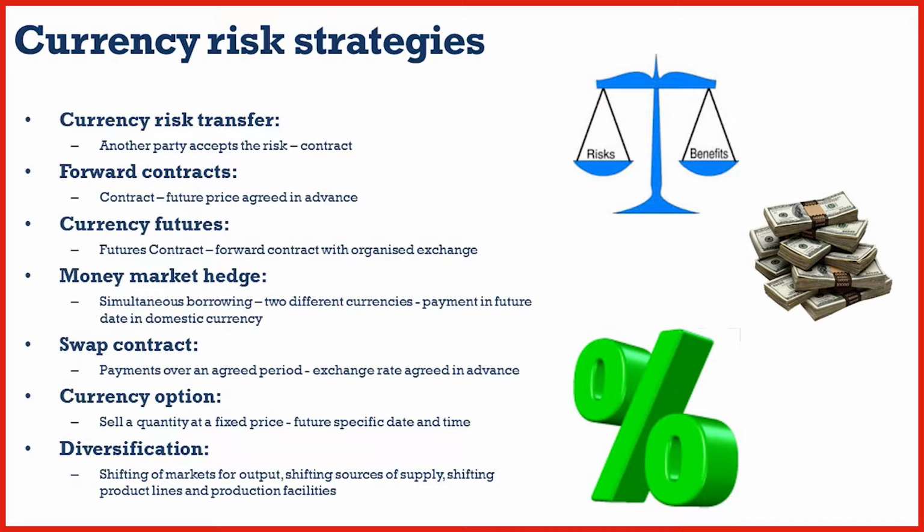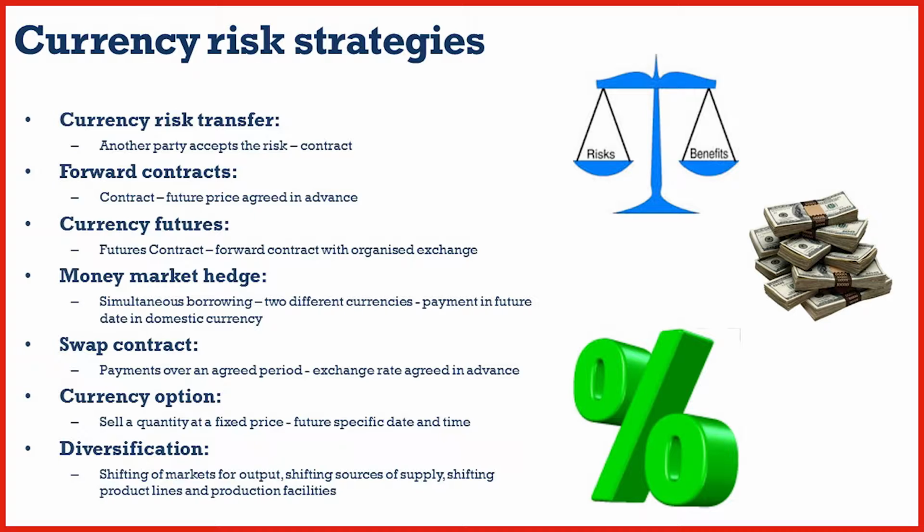This is the simultaneous borrowing or lending of two different currencies to lock in the home currency value of future foreign currency cash flows. Swap contract: agreed to exchange a stream of payments over an agreed period.